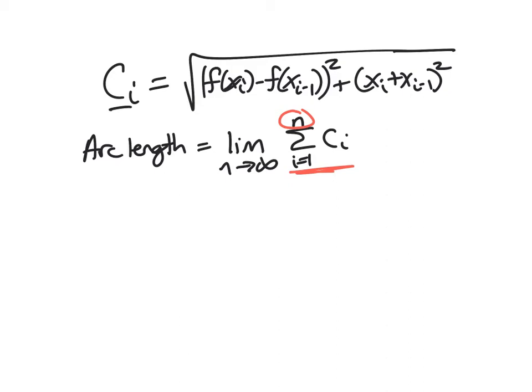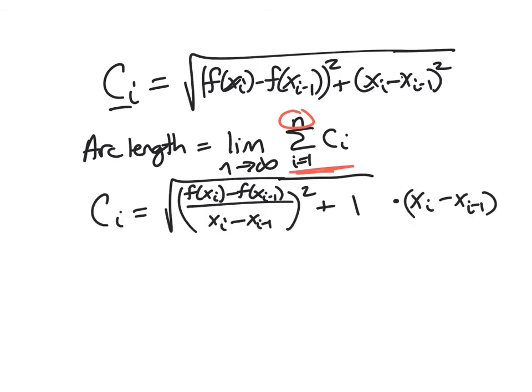curve. So the key is to actually rewrite Ci to see how this ends up being an integral involving the derivative. So we can rewrite it like this. So what have I done? All I've done is multiply by xi minus xi minus 1 over xi minus xi minus 1, where I am distributing the division throughout the inside.